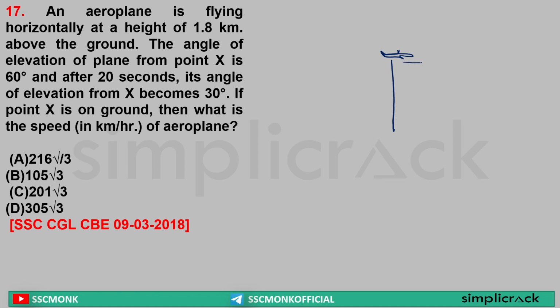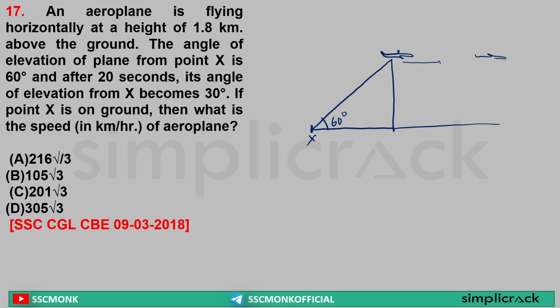That means it is moving in this direction. When at point X, Elon Musk was watching this aeroplane, he was making an angle of 60 degree. But after 20 seconds, the plane has moved and is now here.